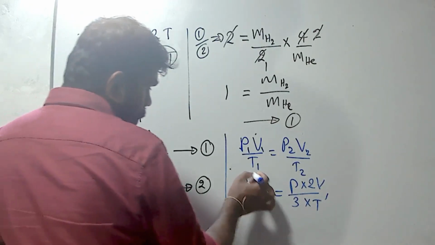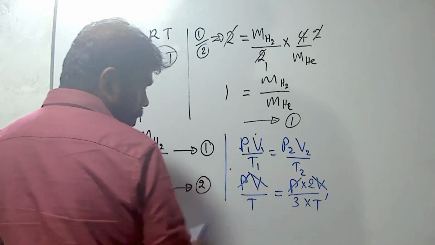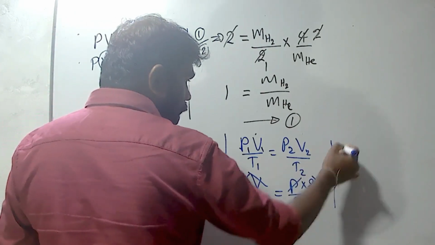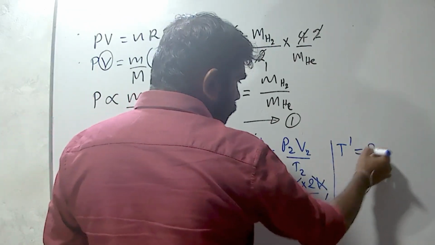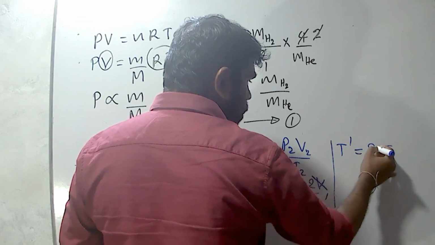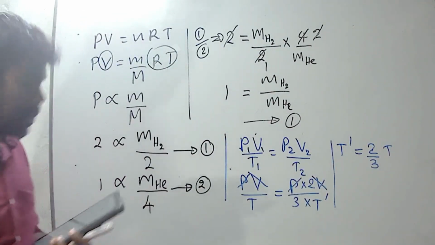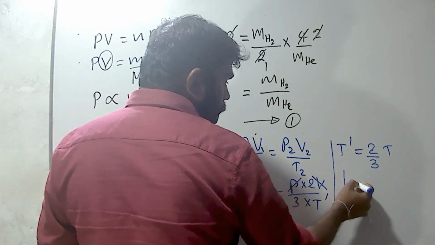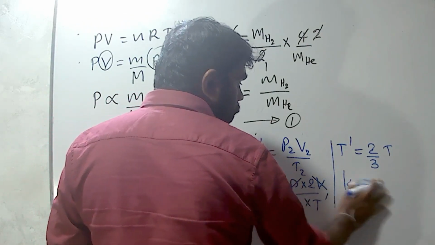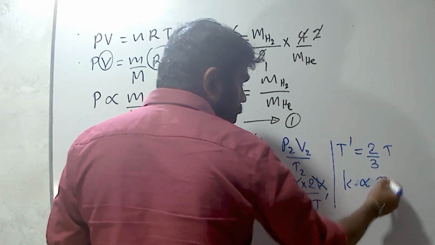Then we can cancel out V and V, P and P. Then T dash equals 2 over 3 T. Then initial average kinetic energy is K. It is directly proportional to initial temperature.